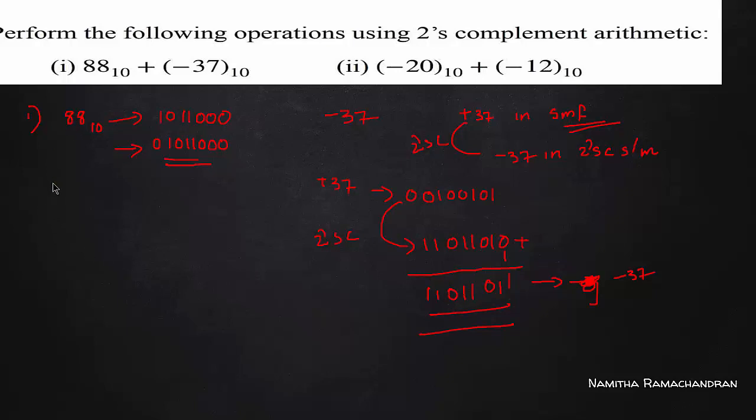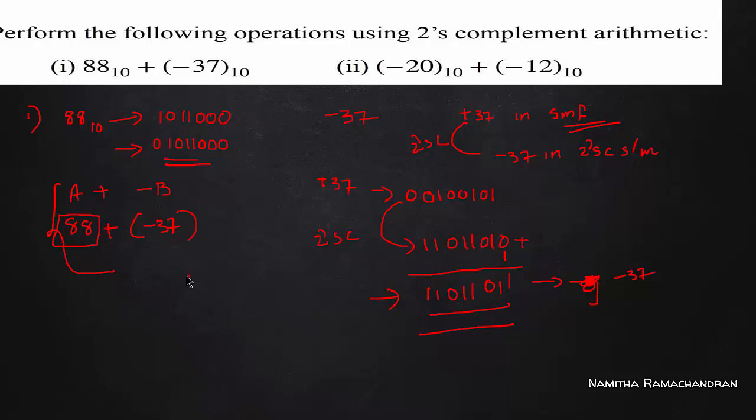The question is like this: 88 in decimal plus minus 37, that is A plus minus B. So now we have the 2's complement representation corresponding to this 88. Similarly, the 2's complement representation corresponding to minus B, that is minus 37 here. Now we can simply add these two 2's complement representations, right?